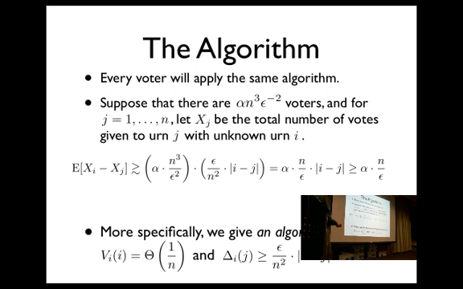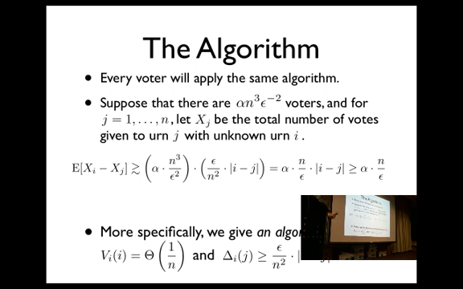Well, we know that delta ij is at least epsilon over n squared times the absolute value of i minus j, multiplied by the number of voters. The reason I can multiply is that it's an expectation, and every voter is applying the same strategy. So this difference is just the sum of these bounds over all the voters. If you do the math, you end up with a lower bound of alpha times n over epsilon. Again, you should imagine alpha as being a large enough constant. So that's the expected edge we get over any wrong urn.